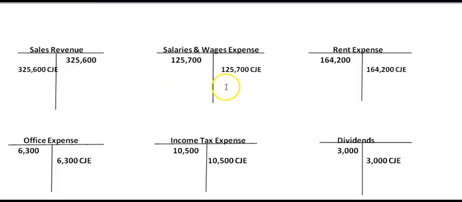The same thing with salaries and wages, $125,700 debits minus $125,700 credits equals zero. The same thing with rent expense, office expense, income tax expense, and dividends.